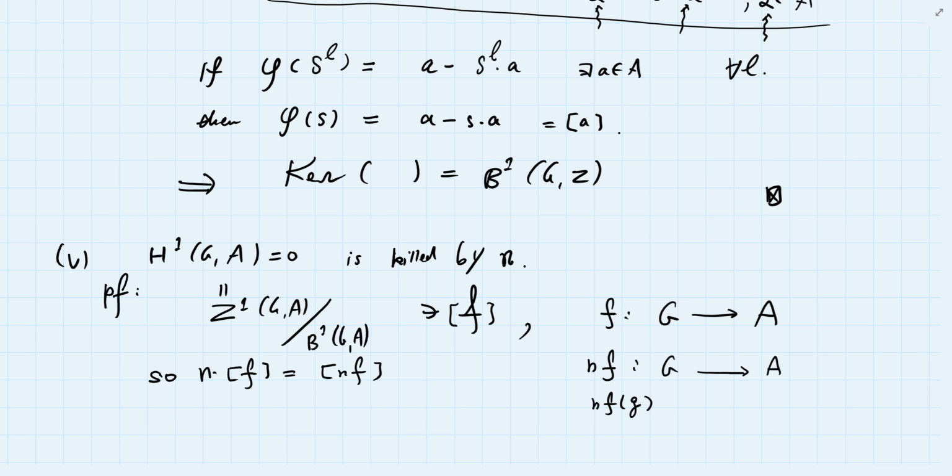F is the function from G to A. NF is actually the function from G to A, sending one element to the same image multiplied by itself n times. So this n is actually acting on A as the abelian group, which means that it's 0.